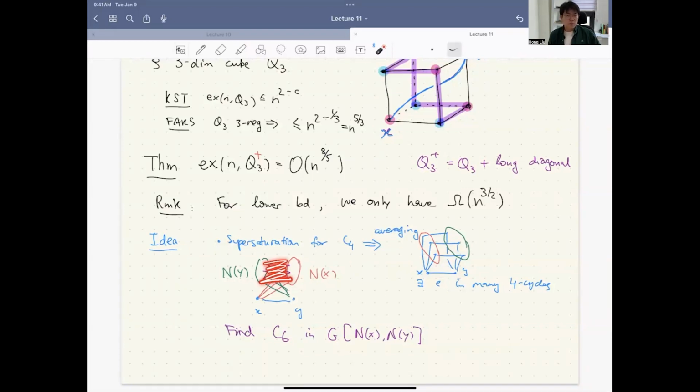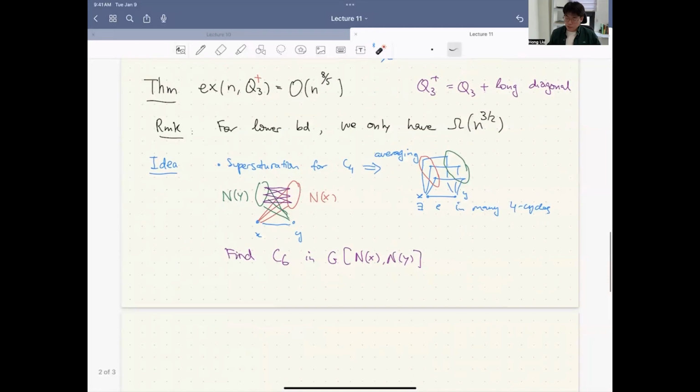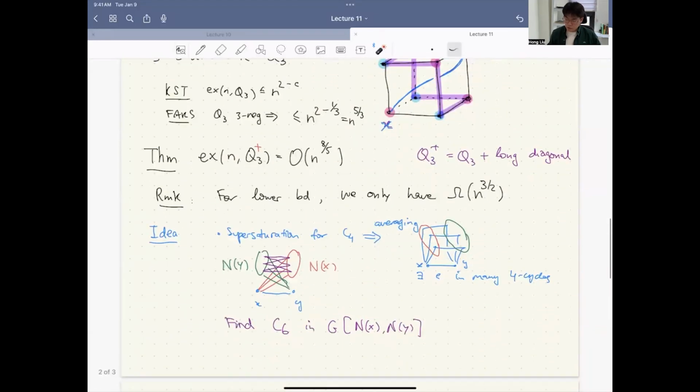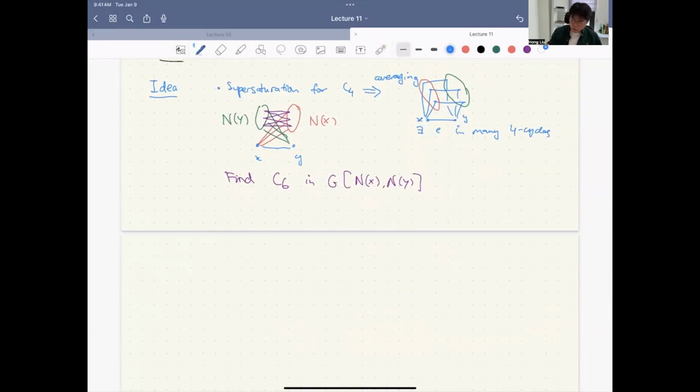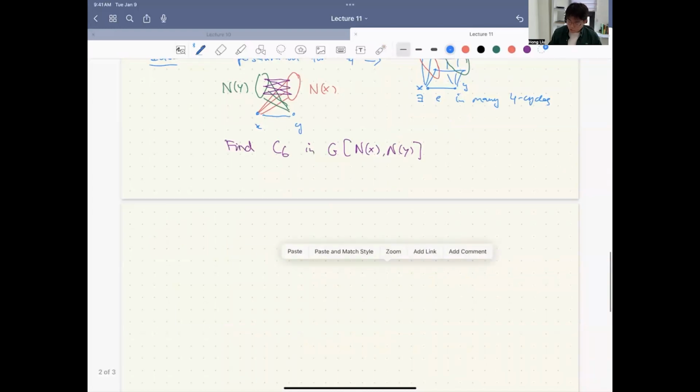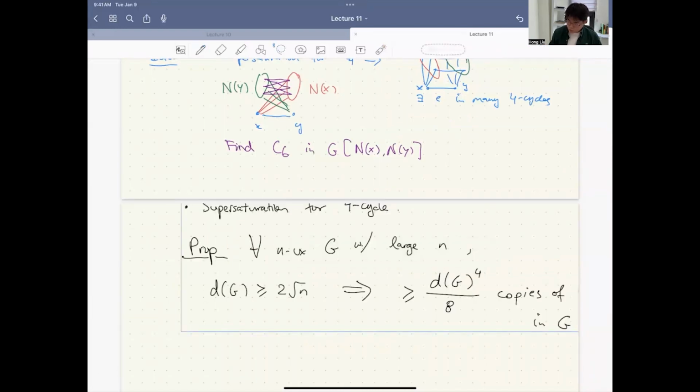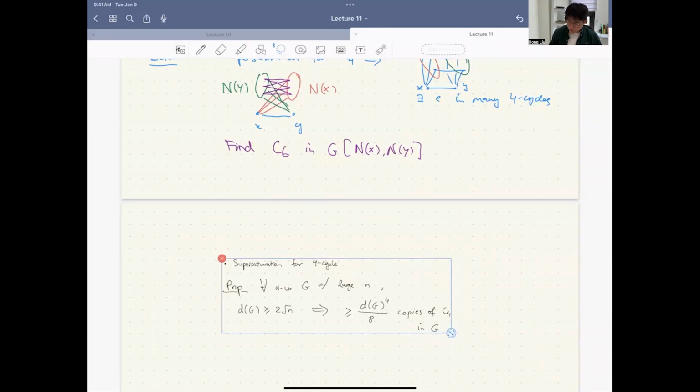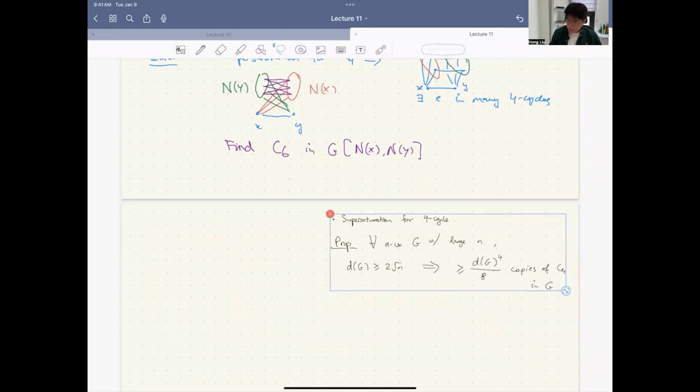You simply apply the Bondy-Simonovits upper bound for six cycles, and we are done. So let's do the calculation. That's all the idea. The rest is calculation. Recall this supersaturation result. Let me put it on the side.